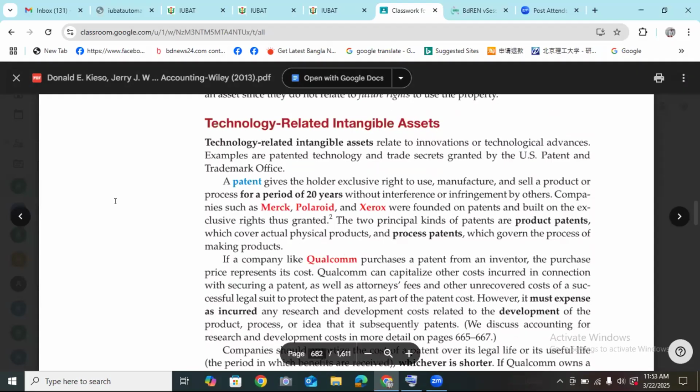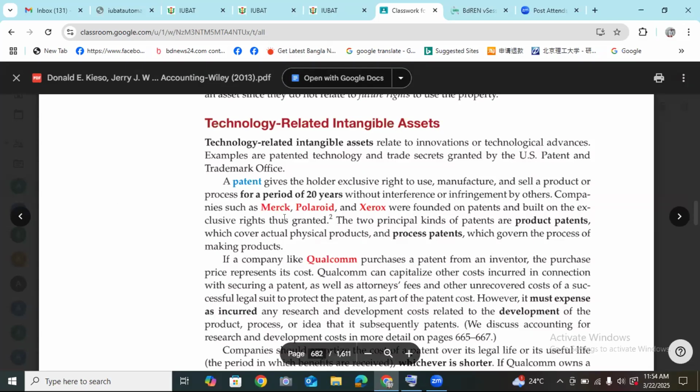For artistic intangible assets, you need a copyright. For technology related intangible assets, you need a patent. Any product you produce or manufacture yourself for the first time, you can patent it to protect your right.